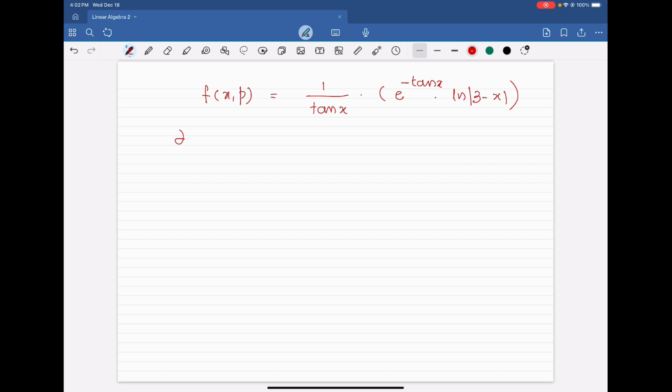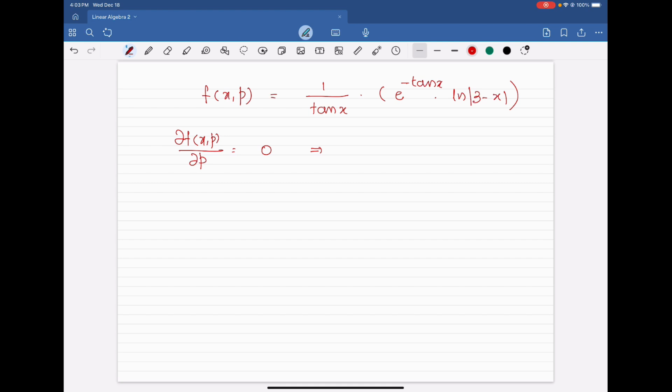Then what is the value of dou f(x,p) by dou p? Here, because there is no term of p in this, we will say dou f(x,p) by dou p is equal to 0.